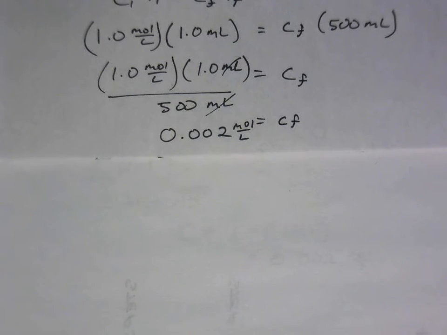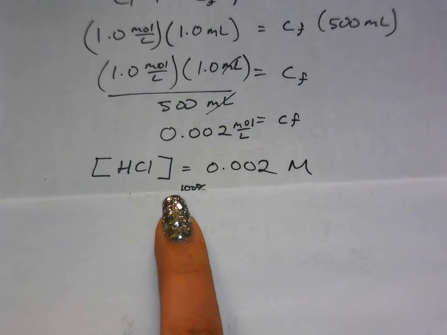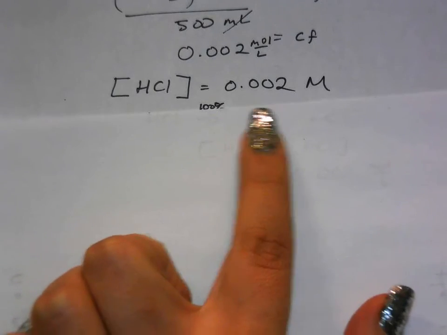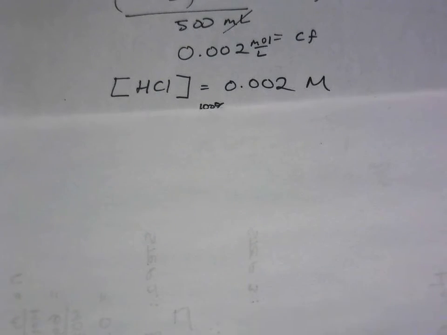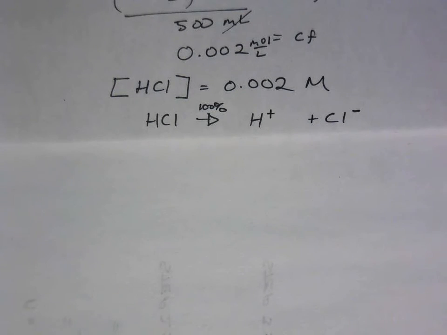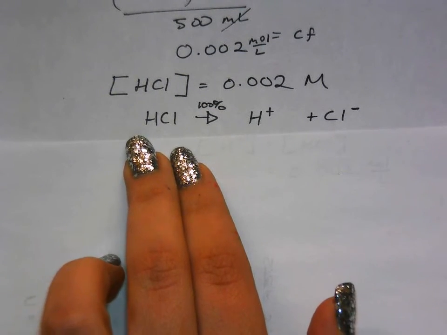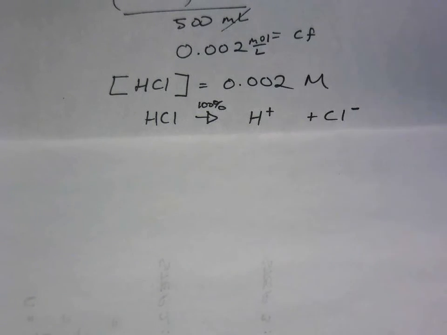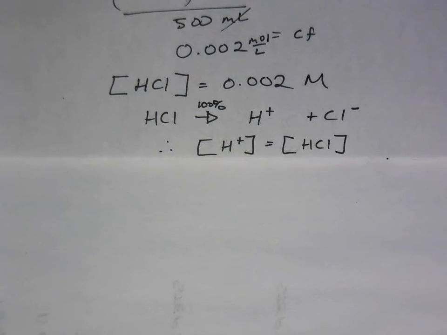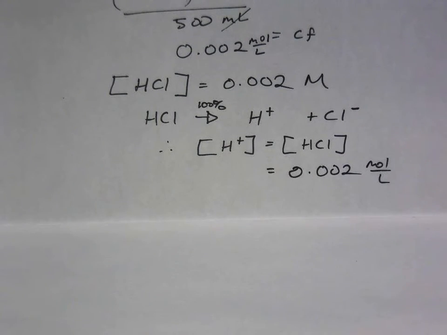So this is telling us that our concentration of HCl is 0.002 moles per liter. I know that HCl dissociates and ionizes completely when put into water because it is a strong acid, so that tells me that my concentration of hydrogen ions is the same as the concentration of HCl, 0.002.